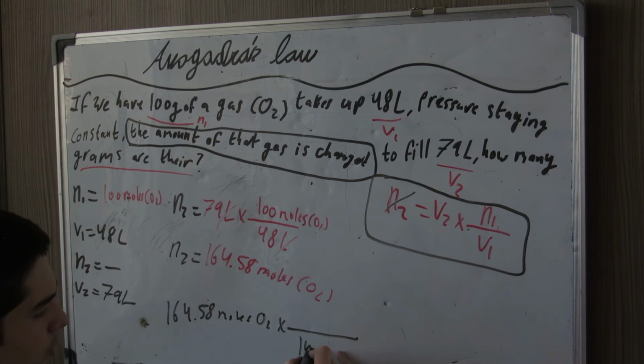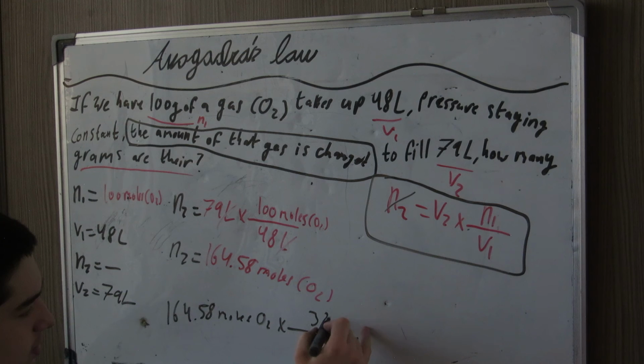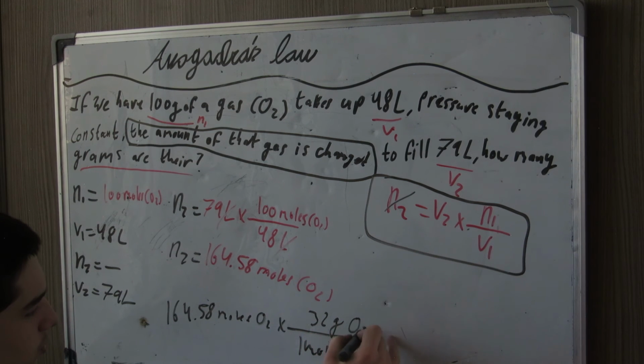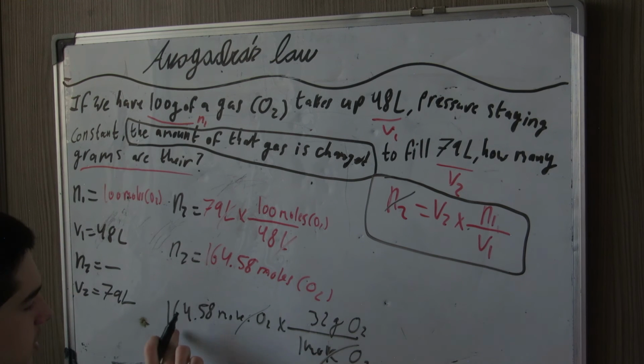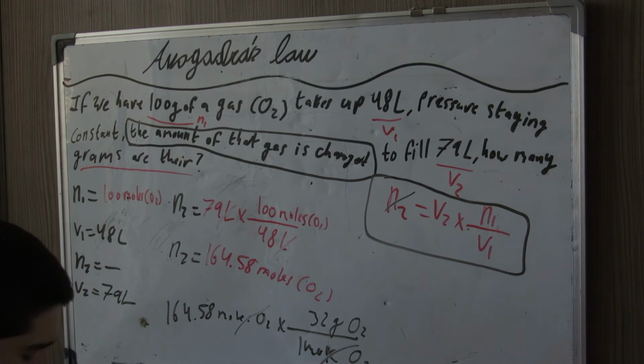So every 1 mole, now we flip the other relationship that we used, equals 32 grams of O2. So this cancels this out, we're left with moles. So 164.58 multiplied by 32 divided by 1, that will stay the same.